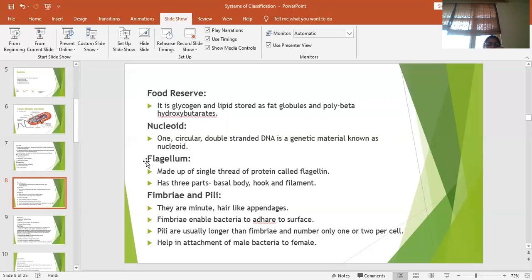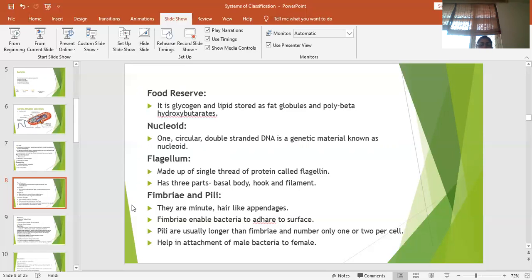Flagellum. Now, flagellum is a singular term. Flagella is the plural term. This flagellum or flagella is found in those bacteria which are motile. And you know that coccus bacteria are non-motile. So flagellum is made up of flagellin protein, and it has three parts: basal body, hook, and filament.